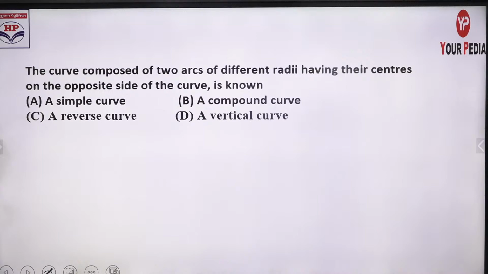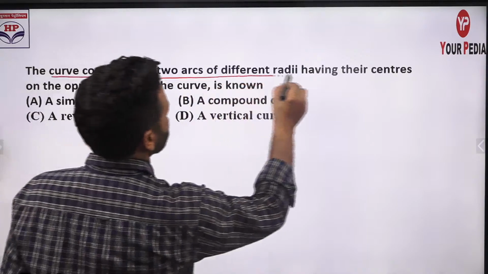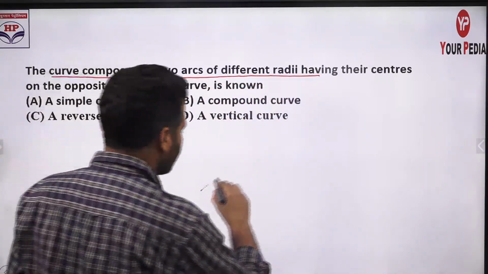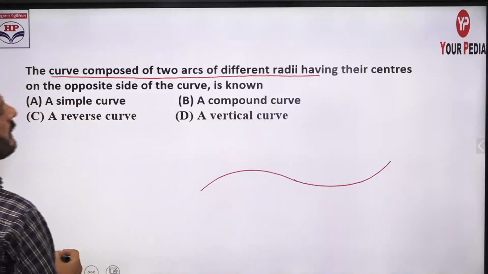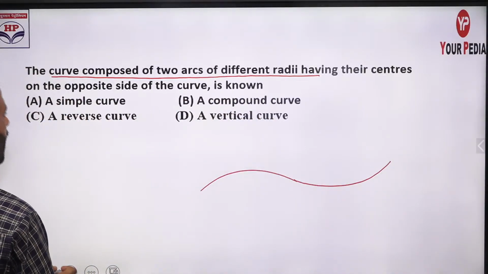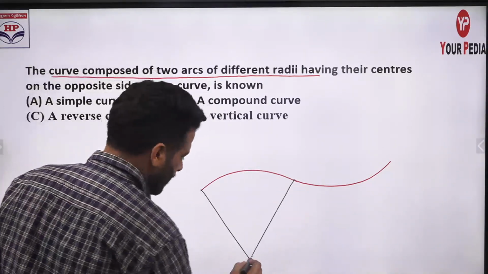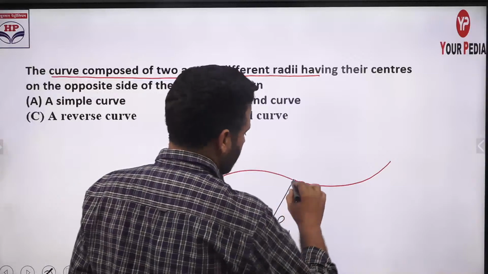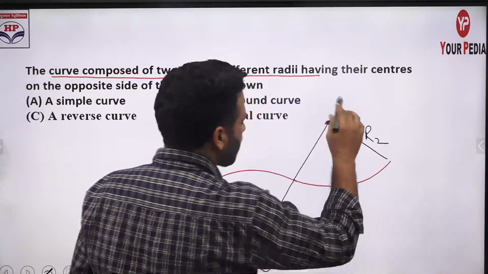Next, the curve composed of two arcs of different radii, with their centers on the opposite sides of the curve. One arc is like this, another is like this. Suppose this curve has its center here, let it be R1, and one more here, let it be R2, with centers on different sides of the curve.